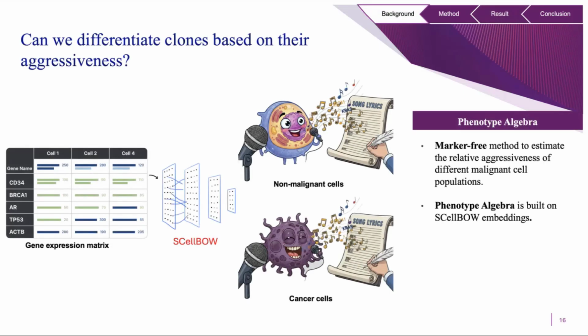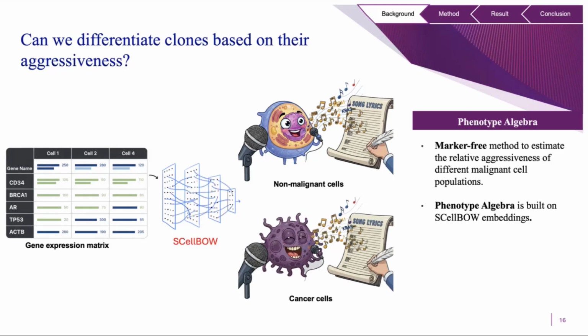So I will move on to the next aim. Until now, using the doc2vec model, all we have done is group the different kinds of cells.